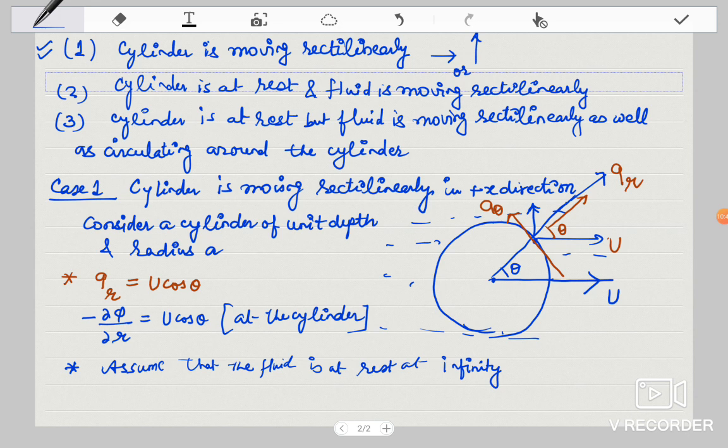You can assume it without any loss of generality, because when the cylinder is moving, the fluid which is in the neighborhood of the cylinder, or adjacent to the cylinder, will also move with some relative velocity, while the fluid which is at a distance from this cylinder will be at rest. So we may assume that the fluid is at rest at infinity. This implies q_r, the radial component of velocity, as well as the transverse component of velocity, both will be 0 at r equal to infinity.